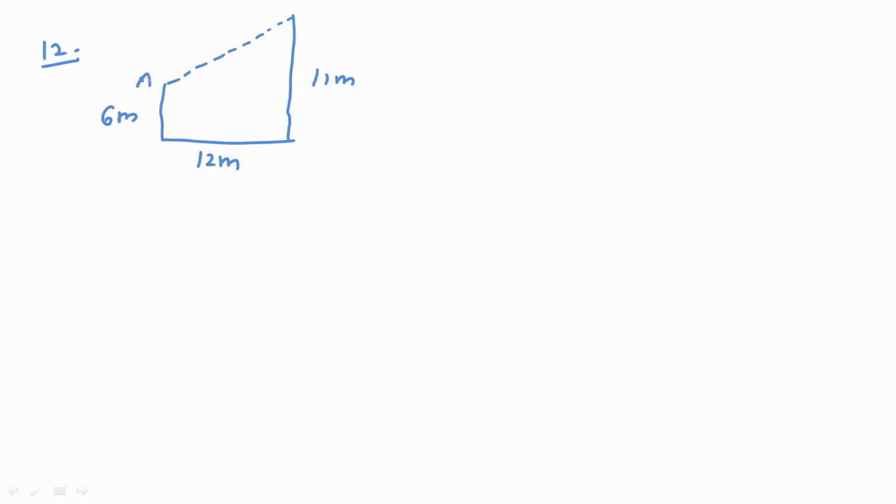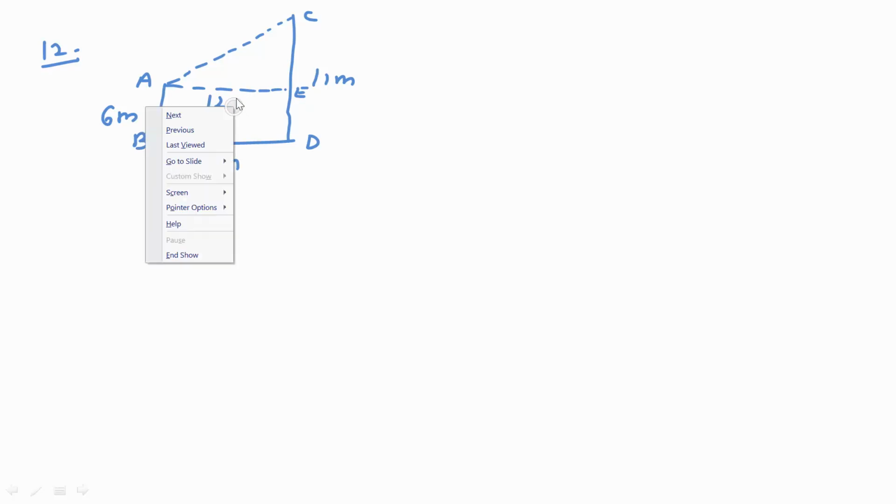Let AB and CD be the two poles. If BD is equal to 12 meter, then AE is also equal to 12 meter, and this value will be 6 meter, because AB and DE will be equal.